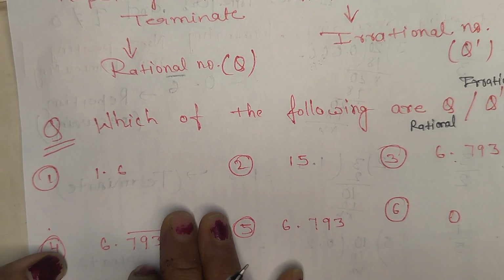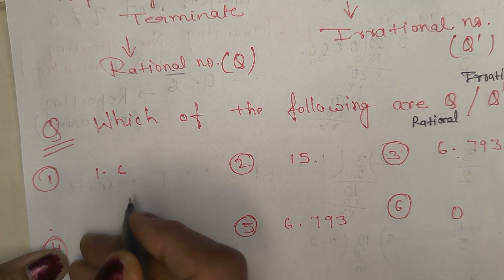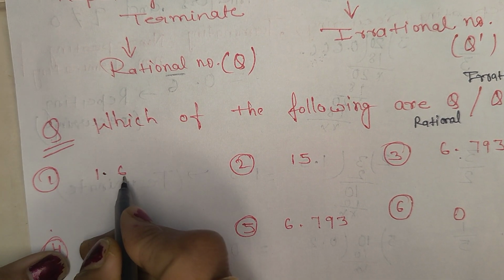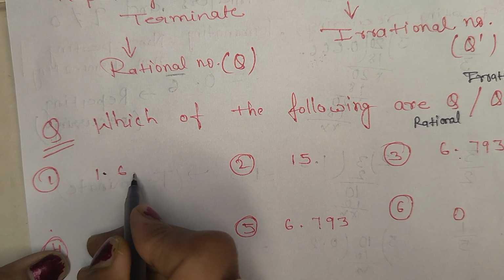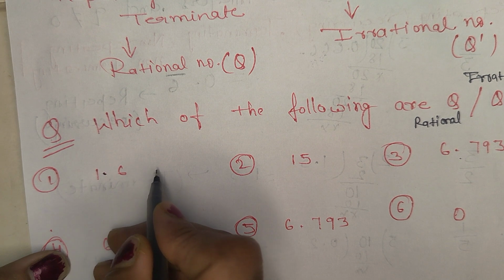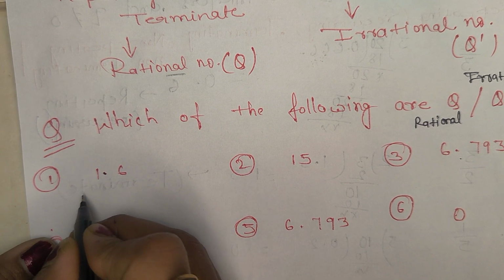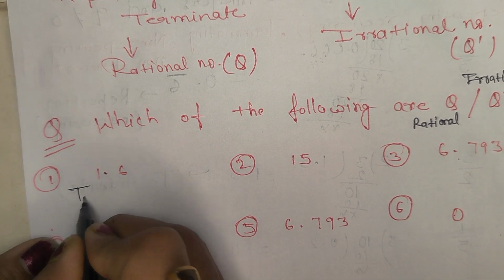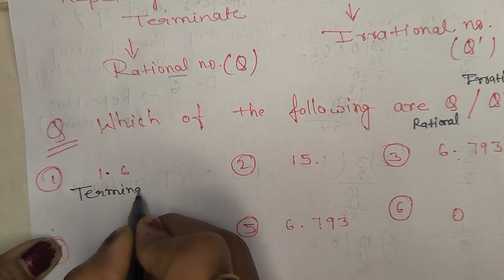Now we solve this question. You see 1.6: after the decimal, we see 6 is complete and ending, it does not change multiple times, it is fixed. We can say it terminates because it is a completely divided number.